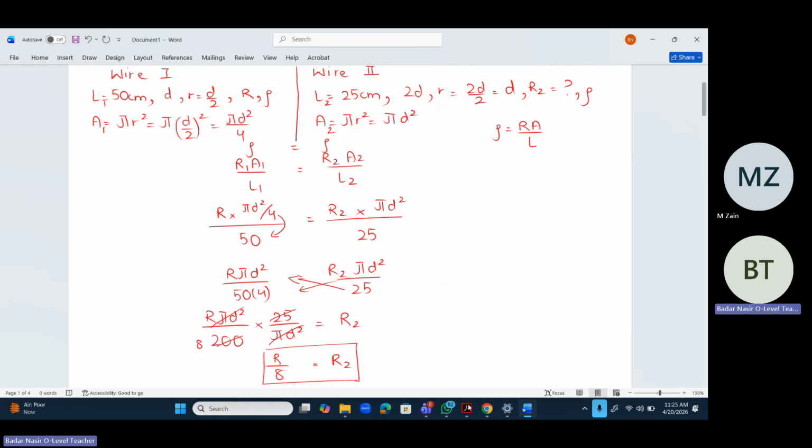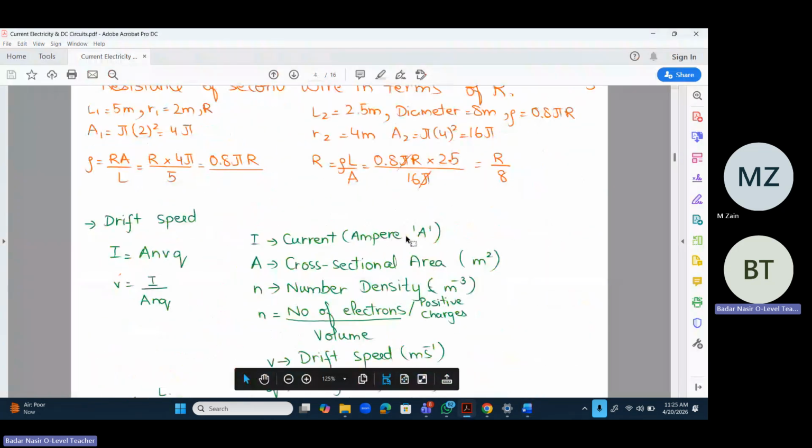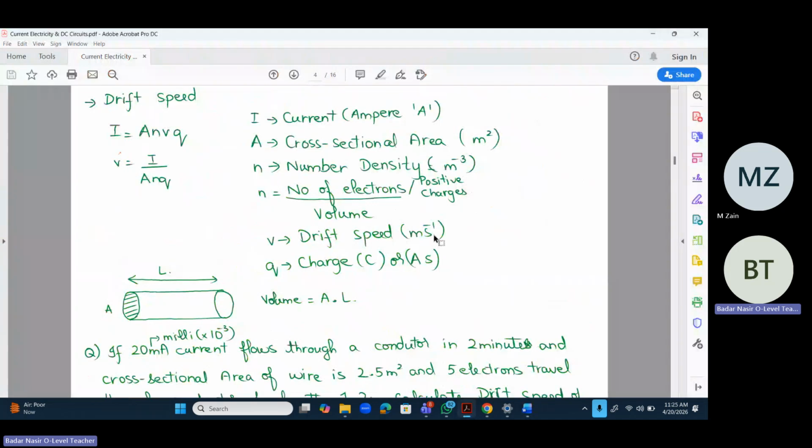Okay, let's carry on. अब so we have अभी multiple आगे questions हैं. Okay, next question is drift speed के ऊपर. So we need to remember the formula for the drift speed. I is equal to nAvq. I stands for current. A is the cross-sectional area of the wire, and small n is the number density, which is calculated using this formula, number of electrons or the positive charges divided by the volume.